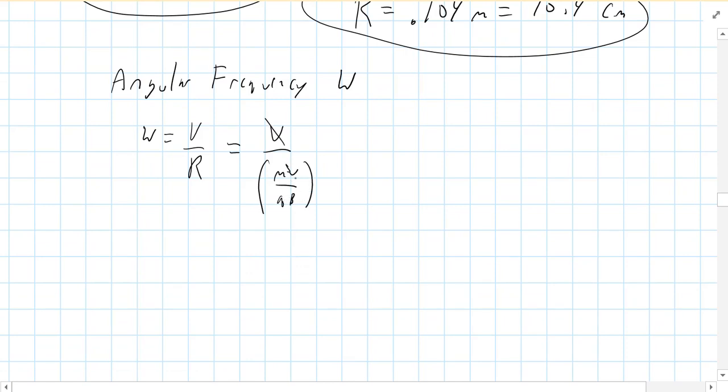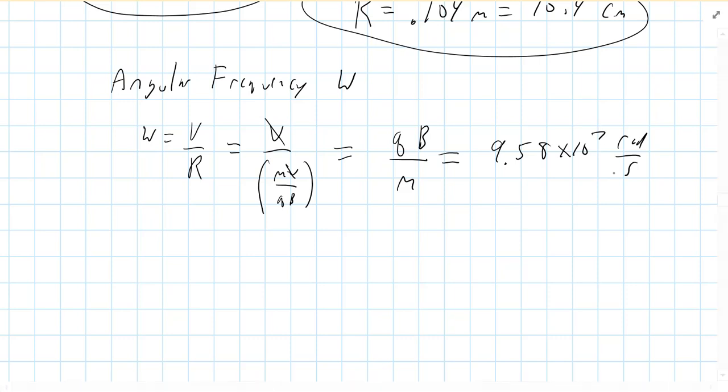Now you'll notice the velocities cancel out, and if I make this a non-complex fraction, if I simplify it, I get that. And we already have all three of those values. When I plug them in, I get 9.58 times 10 to the 7th. This would be radians per second. And then you can divide that by 2 pi to get revolutions per second. That's how many revolutions per second that little guy makes.